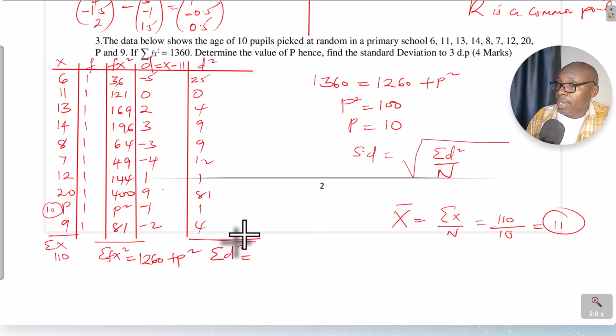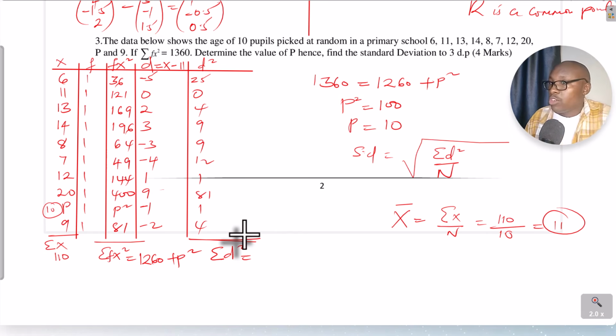Let me add this one again. I think these are deviations.